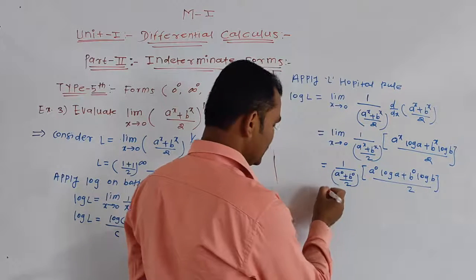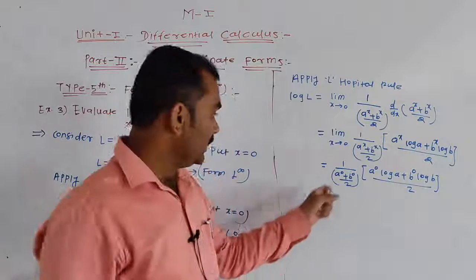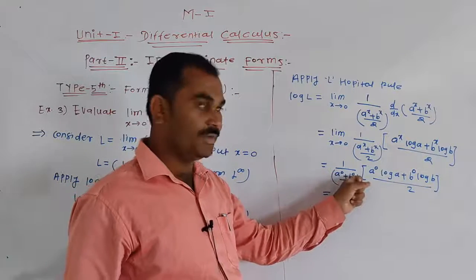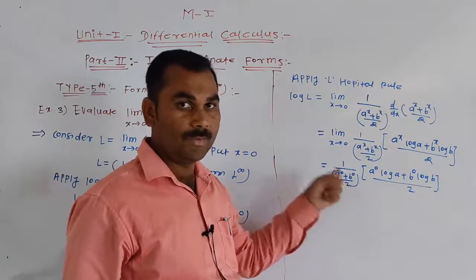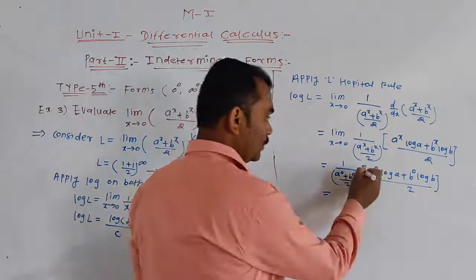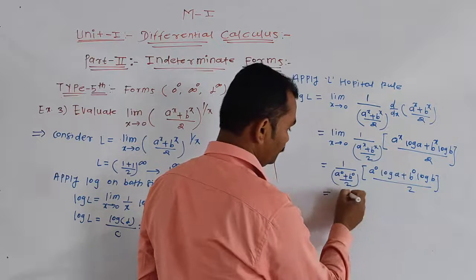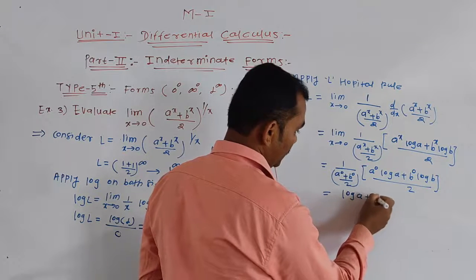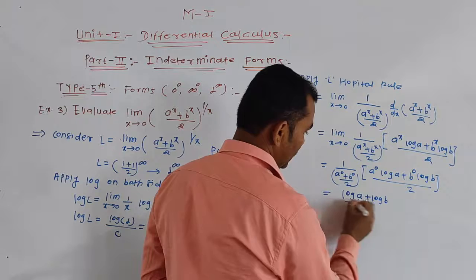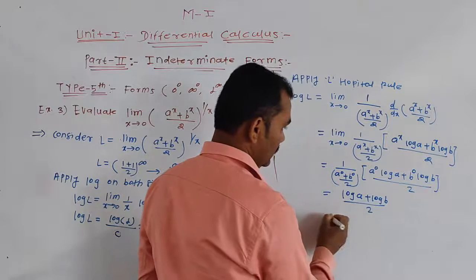Now simplify: a raised to 0 is 1, b raised to 0 is 1, 1 plus 1 is 2, 2 divided by 2 is 1. What remains is log of a plus log of b, divided by 2.